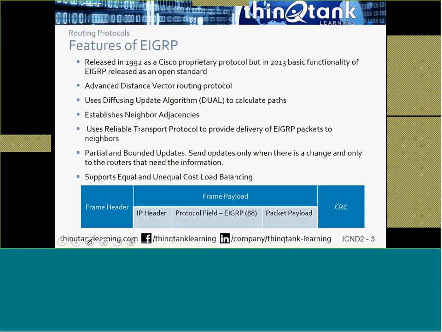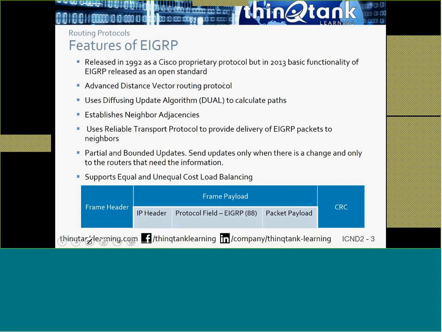So EIGRP is a little bit deficient in what it knows about the network topology. So there are some things that are going to have to be implemented, like feasibility condition checks, looking at reported distances, looking at feasible distances, and we'll get into all that in the next few slides here.